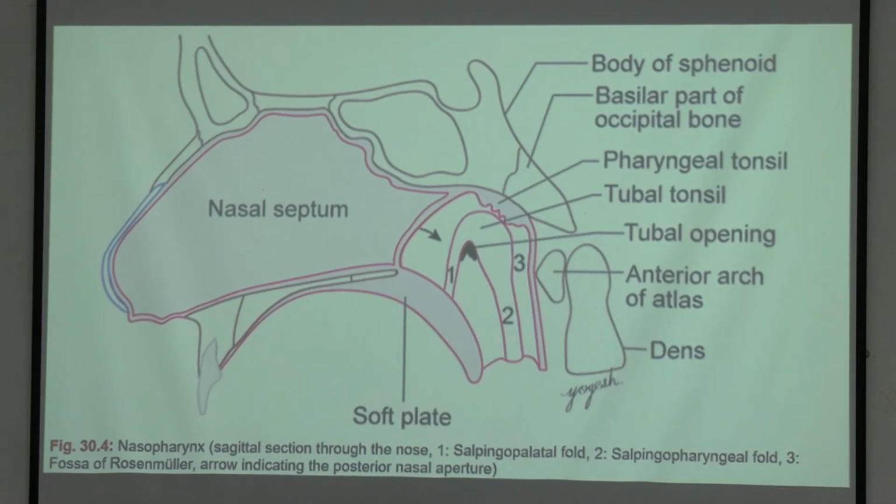Can you remember? We can also call it the pharyngeal tonsil or the adenoid. So we are getting so many tonsils.